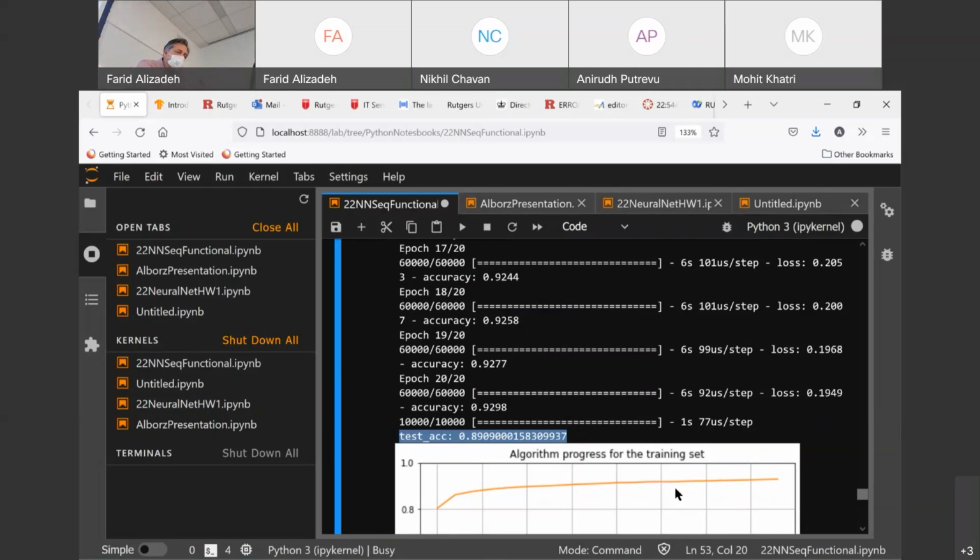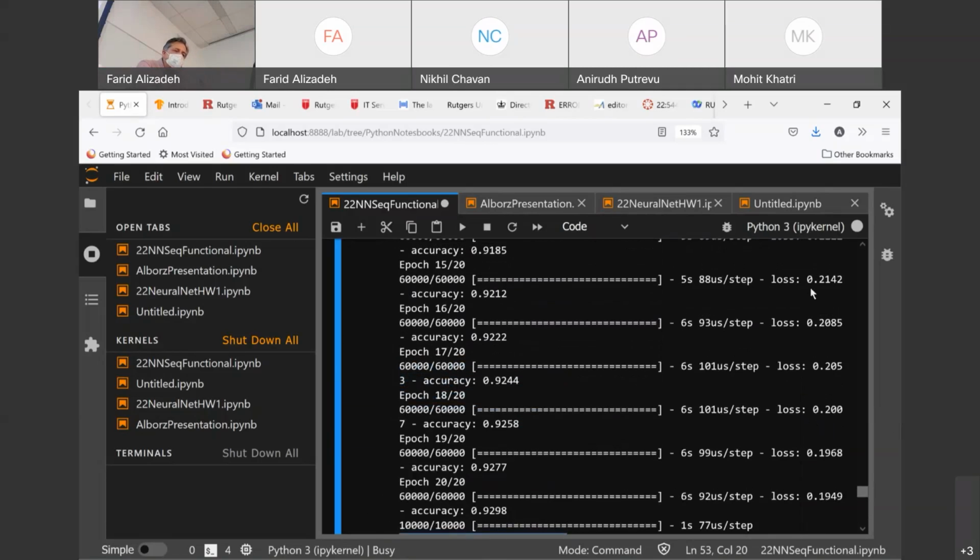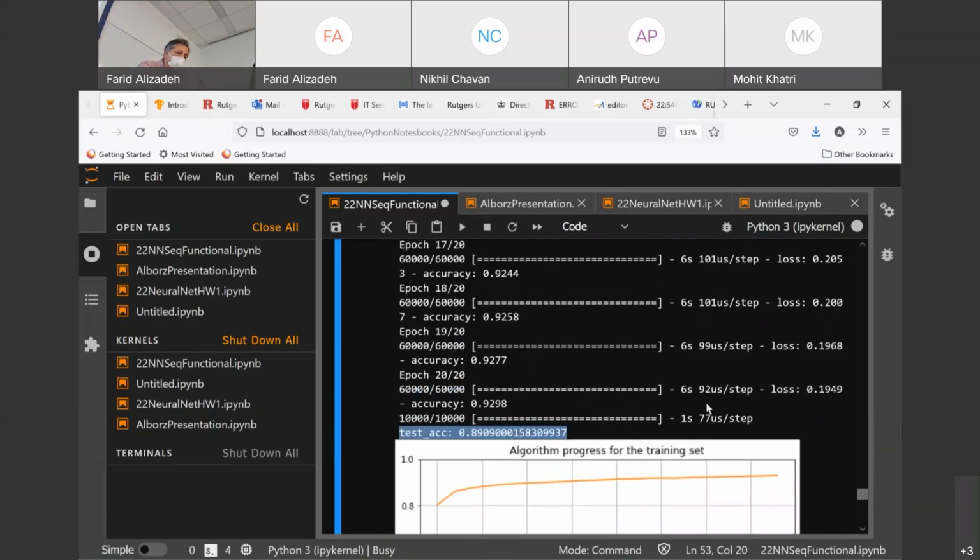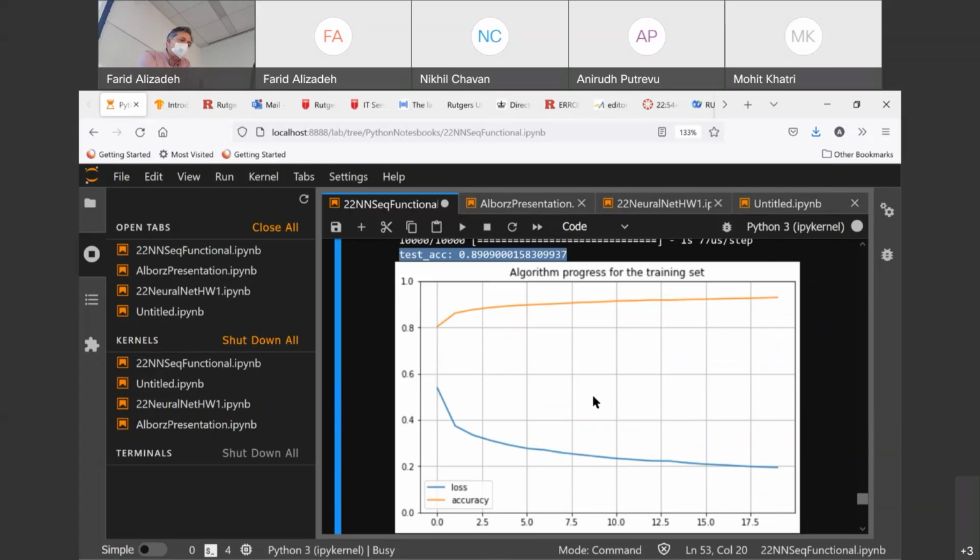By the way, these numbers here, the loss and the accuracy as the training proceeds, you can capture them and plot them if you want. Over 20 passes, you can see that the loss function started larger and then gets smaller and smaller, and the accuracy started smaller and gets better and better.